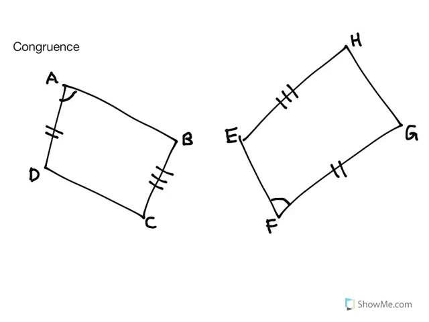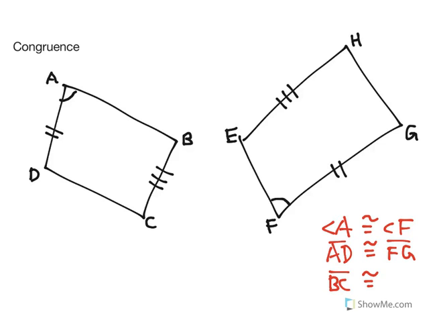So these angle markings and the side markings will really help us. We know that angle A is congruent with angle F. So let's write that down, with the congruent symbol. And side AD is congruent with side FG. Make sure the markings match up. And BC is congruent with EH.